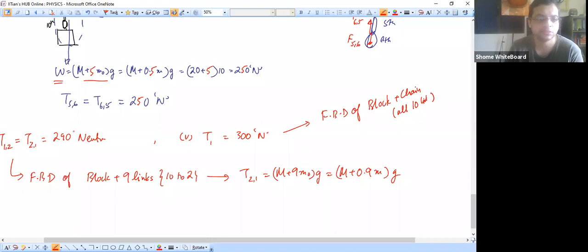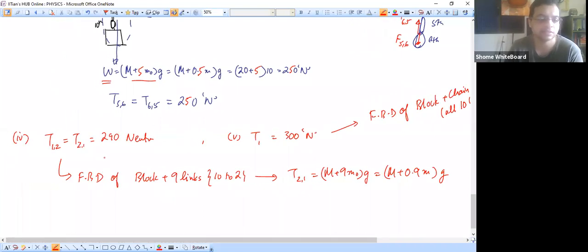For this 290, you can make an FBD of just the first link on top. Then for the fifth and sixth, you can make the FBD of the first 5 links, link number 1 to 5. So many ways of approaching this, but the point is it's showing you that because it's a heavy chain, the tension varies from link to link.